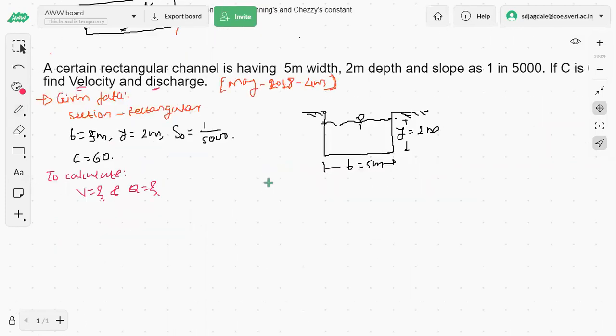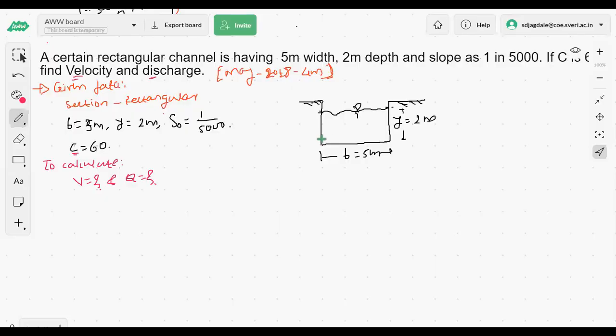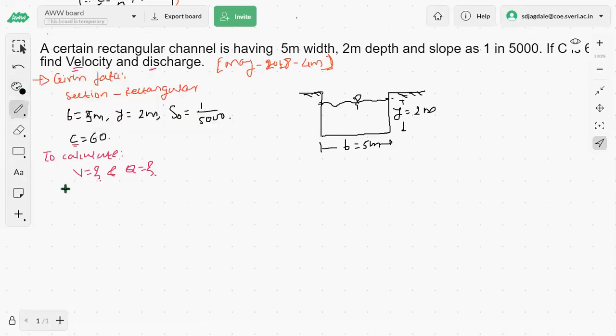Now as they had given us Chezy's constant C, it means that we have to go for Chezy's equation and find Q. So right down below, we know by Chezy's equation, V is equals to C root R into S naught.